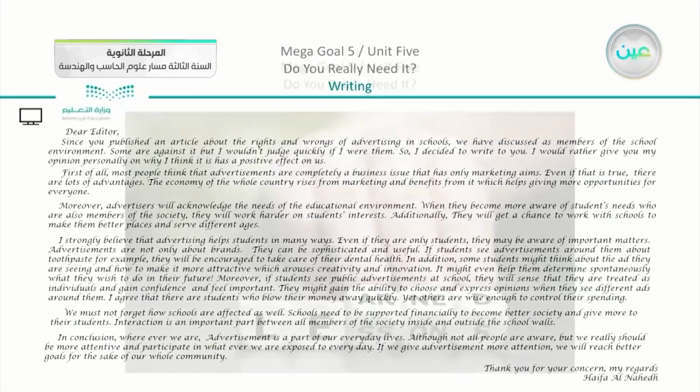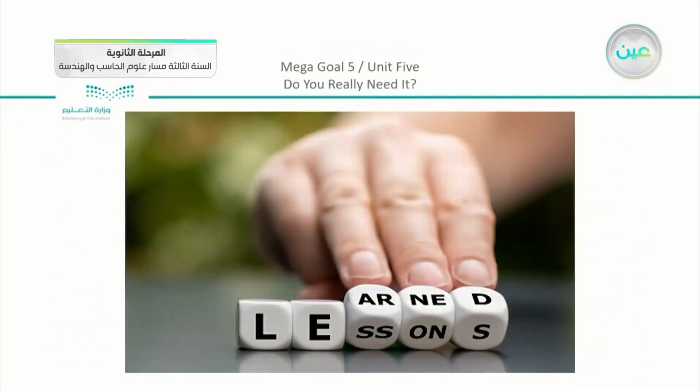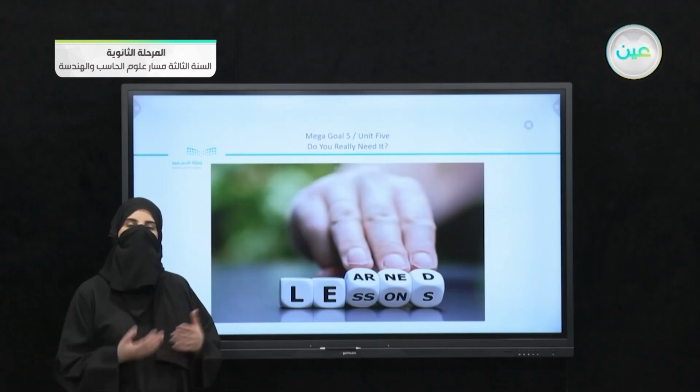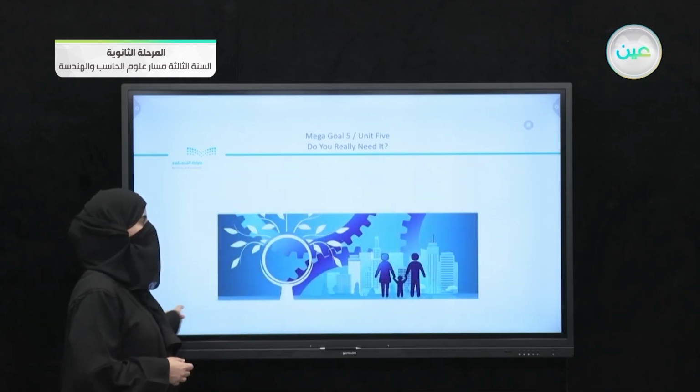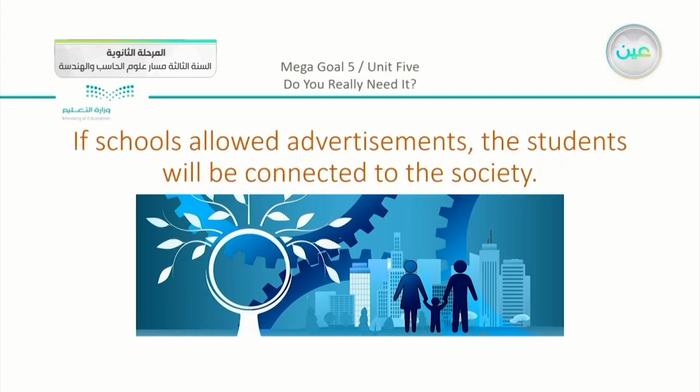Now, after that we have here the lessons that are learned. Now, what did you learn when we talked about the benefits or the advantages of advertisements at school? Now, we can say if schools allowed advertisements, the students will be connected to the society.